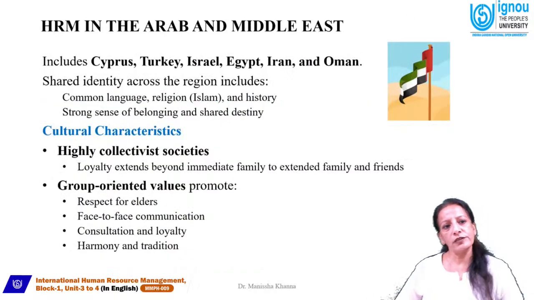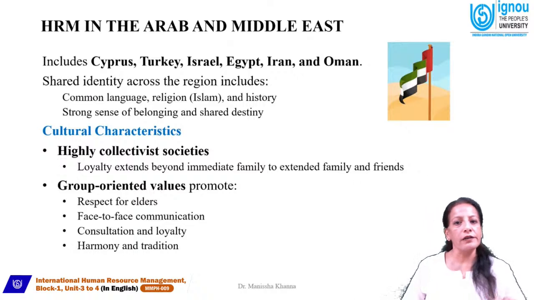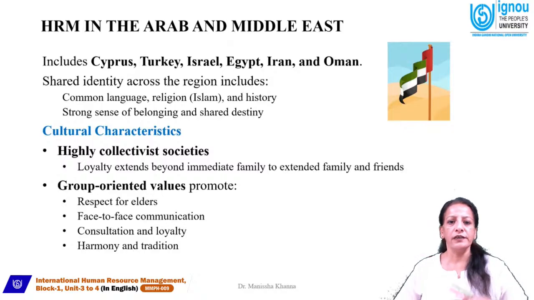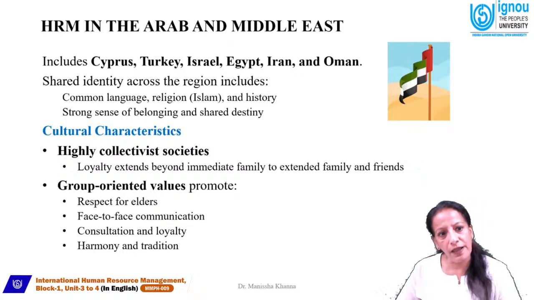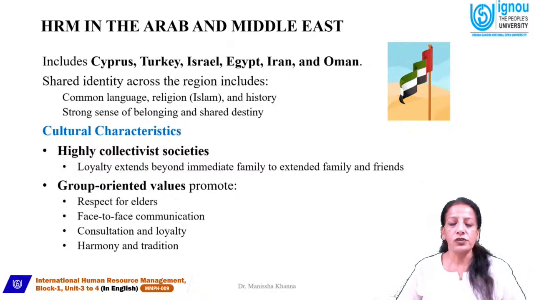Let's see what human resource management is in the Arab and Middle East region, which includes Cyprus, Turkey, Israel, Egypt, Iran, and Oman. They share an identity across a common language, a common religion, which is Islam, and history.